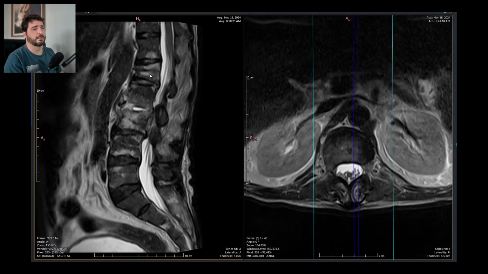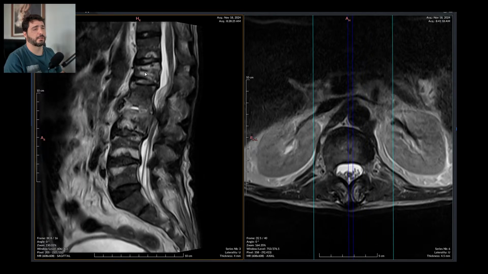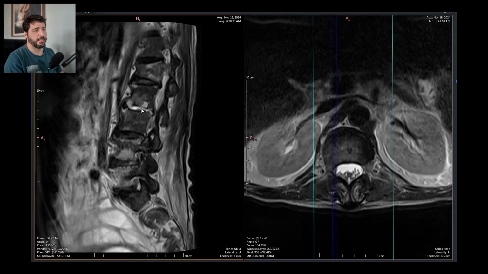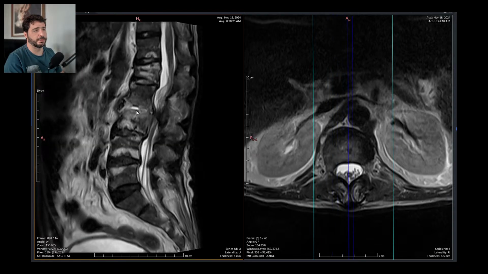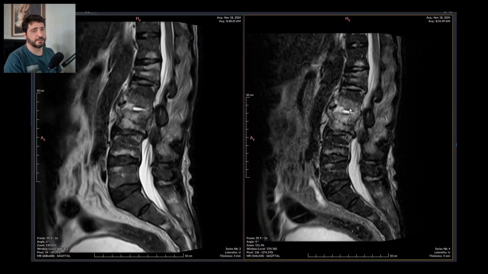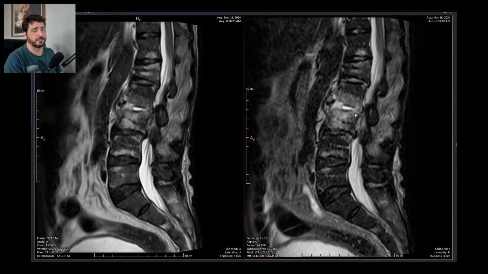So there was an old fracture and a partial collapse of L1. At this site here, we have the claw sign, we have liquid fluid accumulation in the intervertebral space right there. We have bone edema that is clearly seen in STIR, or T2 with fat saturation.